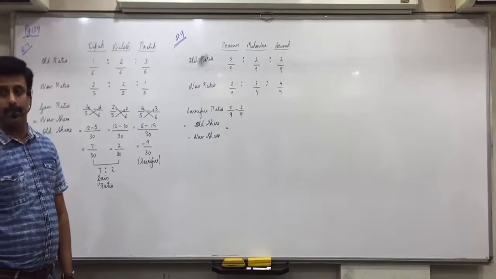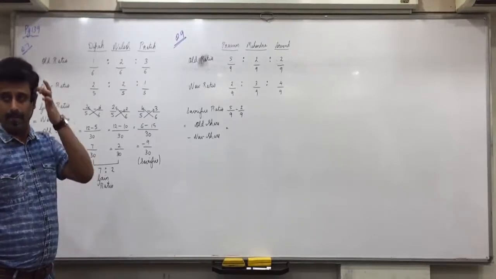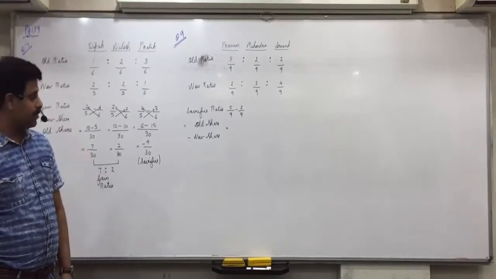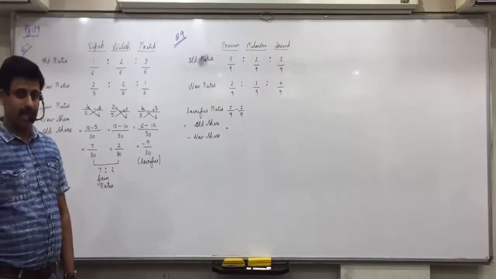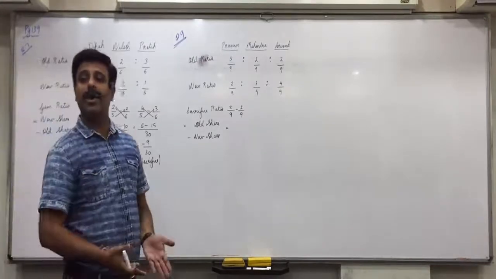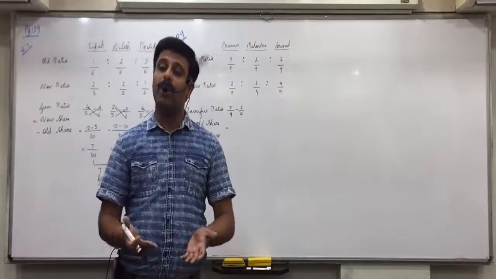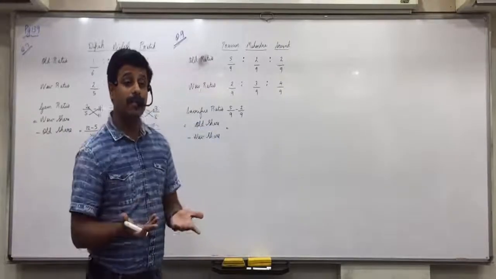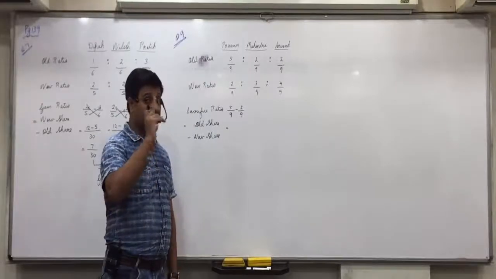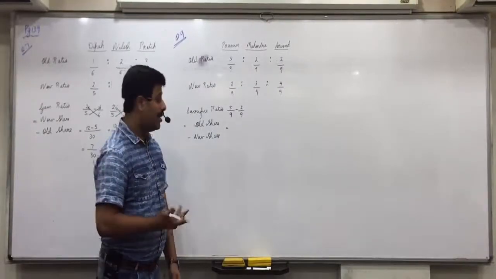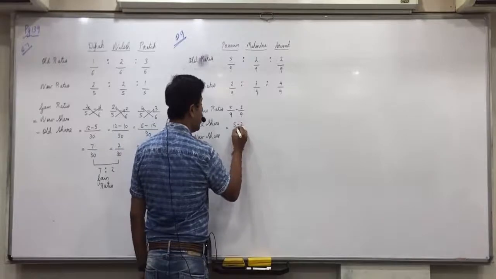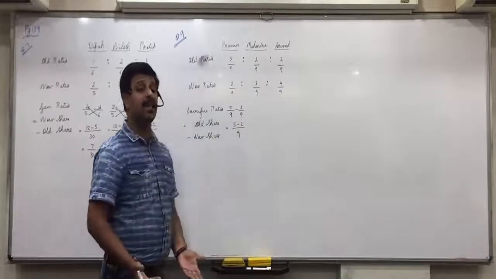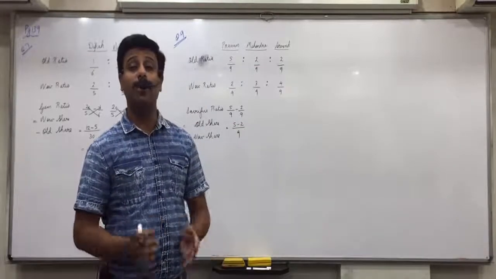Some of you did 81 upon 81, 45 minus 18. Now, when both the denominators are 9, why make it so complicated? Why do 9 into 9, 81? I told you yesterday, that's why I explained both the methods. Directly 5 minus 2 by 9, the denominator is the same, LCM is 9 itself. How many of you did 81?